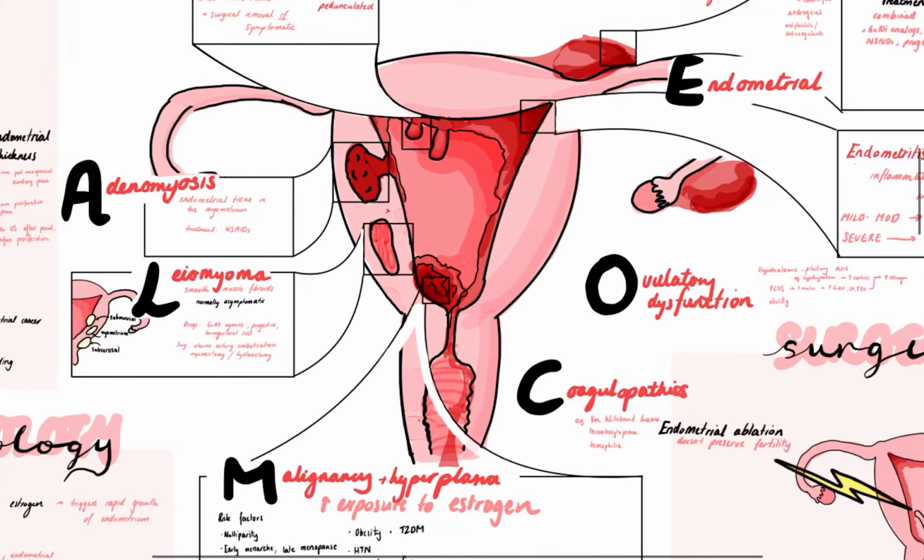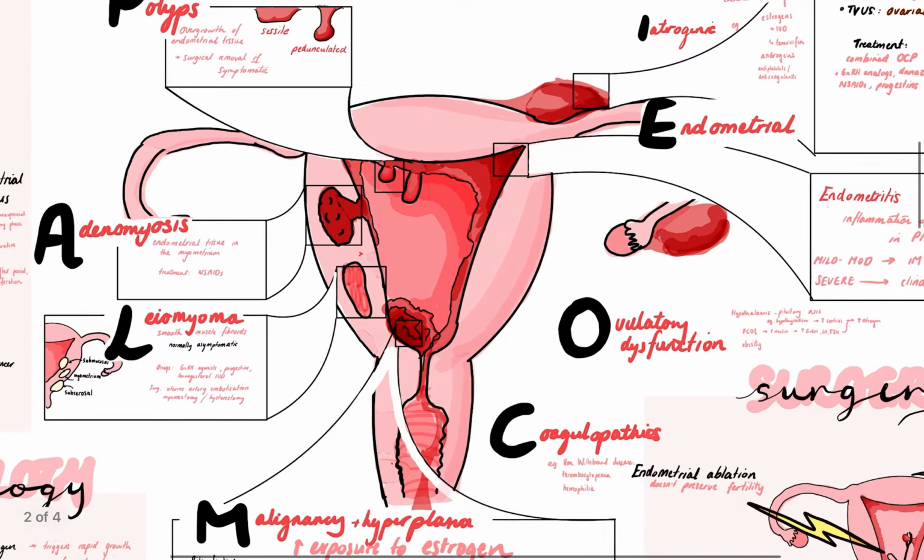Just before we go through each of these, I wanted to quickly revise the different layers of the uterus. So the uterus is composed of 3 layers.